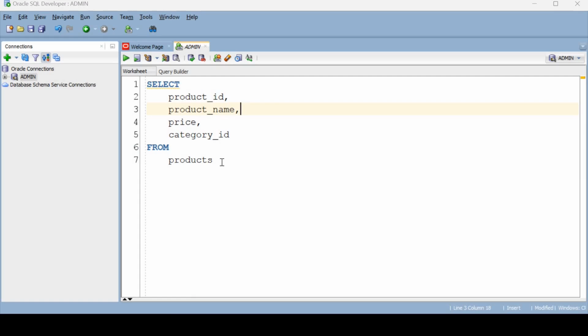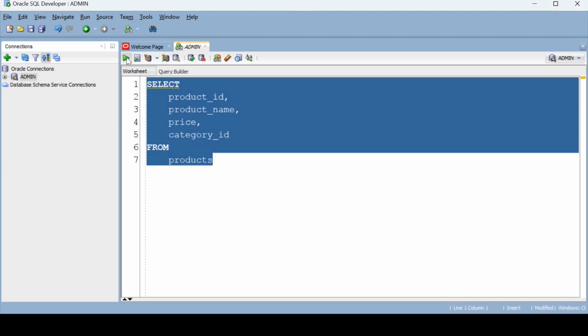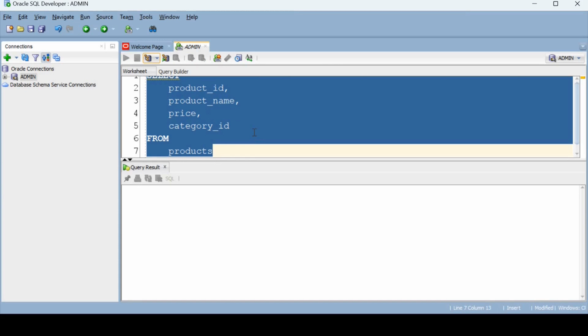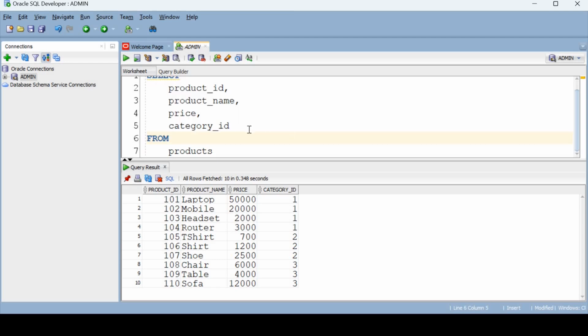For that, I'll take the products table, which has four columns: product ID, product name, price, and category ID. Now I want to add one more column which will fetch the price of the last row for each record. So for that, I will add the lag function.